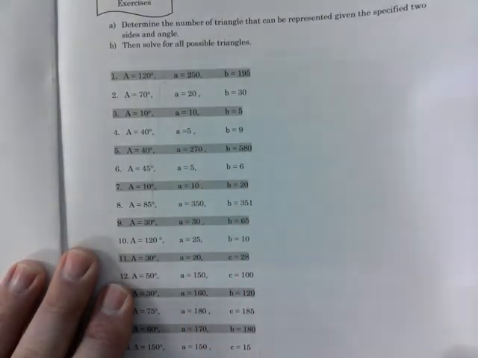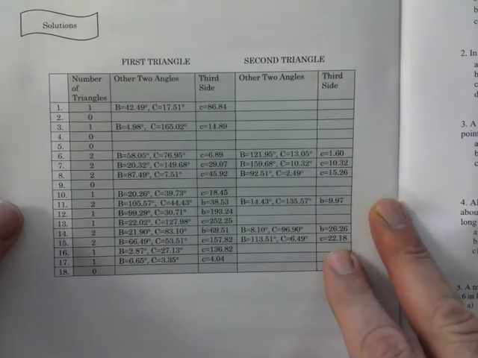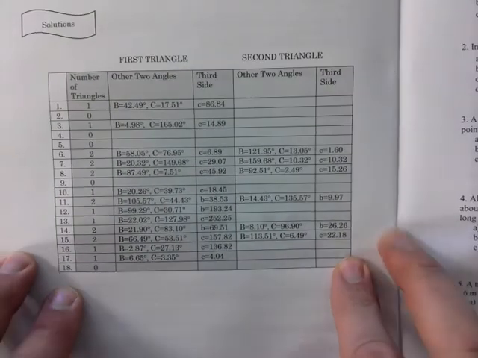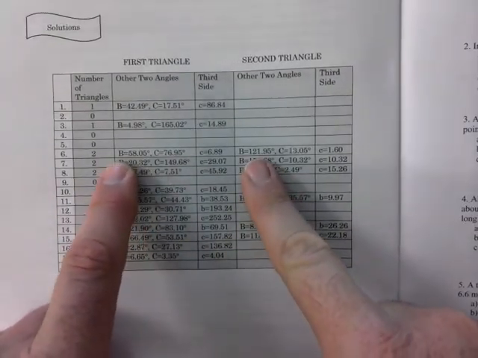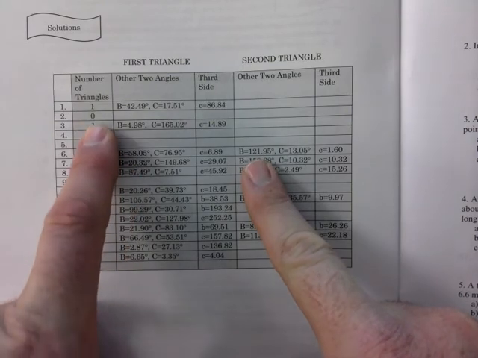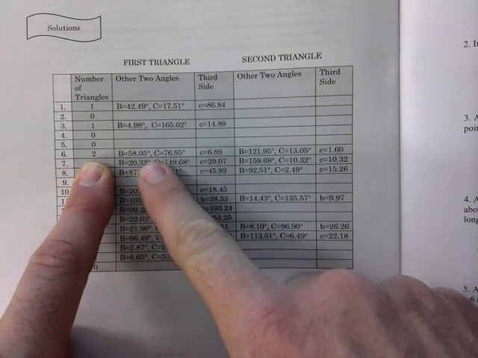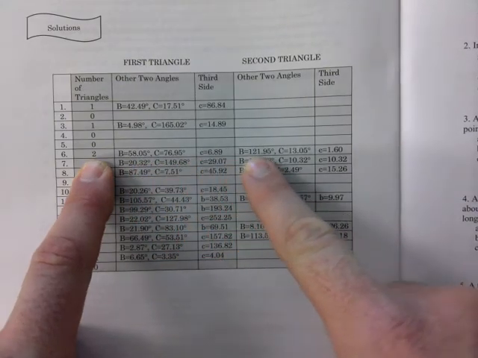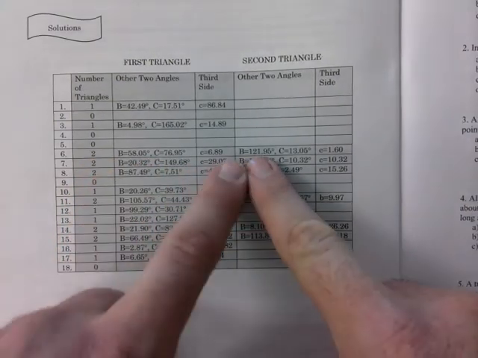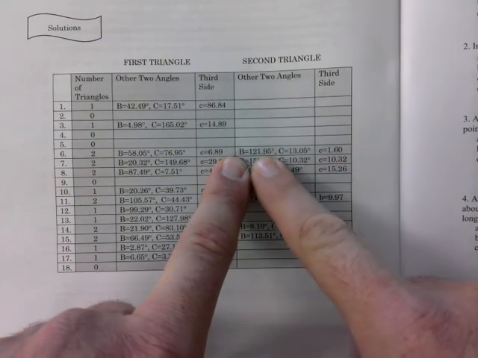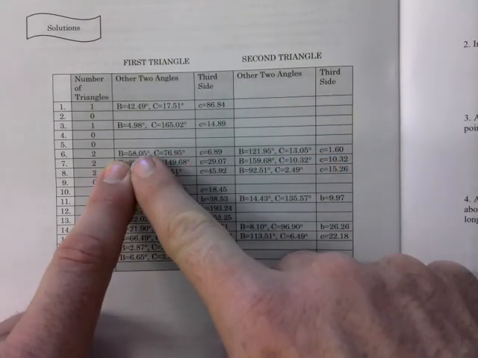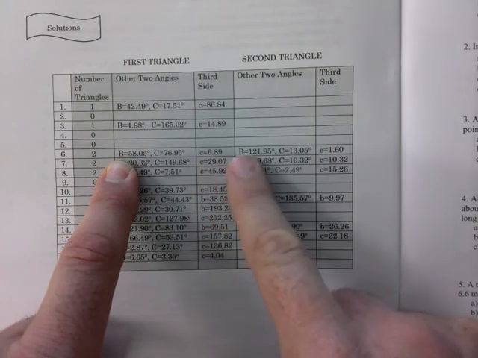Look at this before you shut down. The back side has the solutions, and you can tell that, right? Like there are certain ones that have two triangles, and they actually give you all possible. Like this would be one triangle here, and this would be the other triangle. B1, like this would be B1, C1, C1, B2.